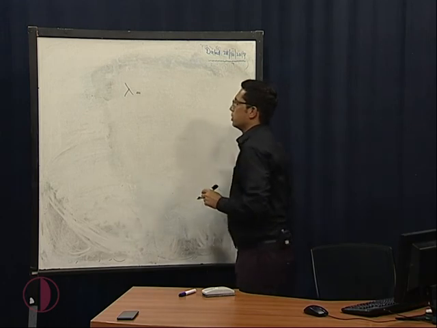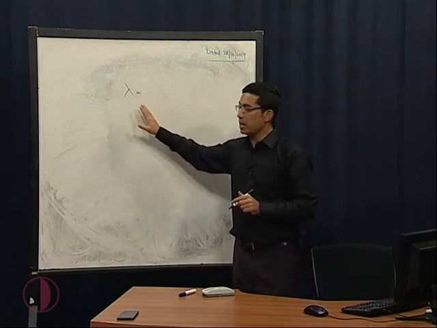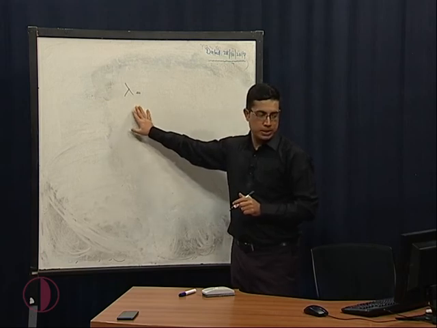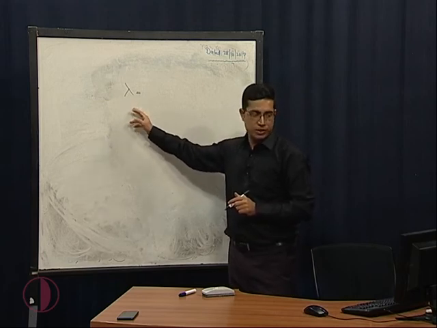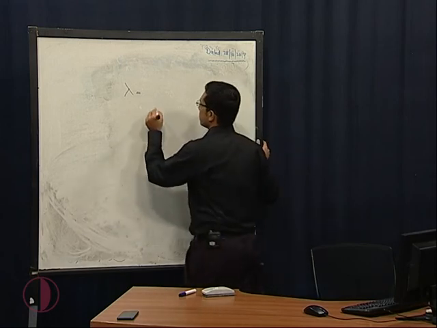What does it show? Lambda is the marginal effect on the objective function solution associated with a unit change in the constraint.